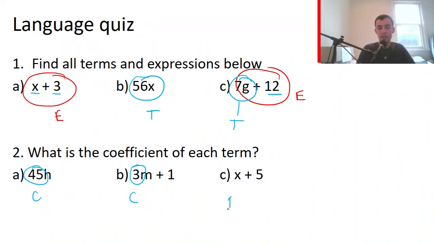The coefficient is actually 1. Why is that? Because x is the same as 1 times x, isn't it? If I times something by 1, it just stays the same. So these two things are the same as each other, which means that's 1x. So the coefficient really of this is 1.